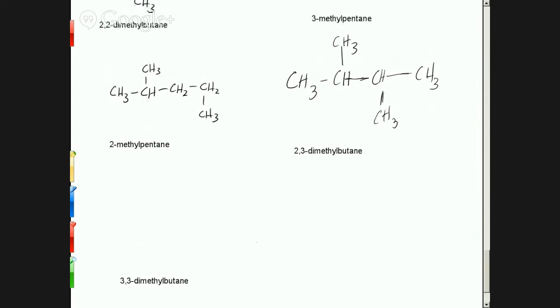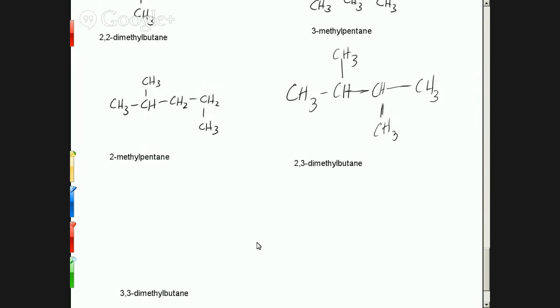See if you can draw 3,3-dimethylbutane. Just 3,3. Yep.